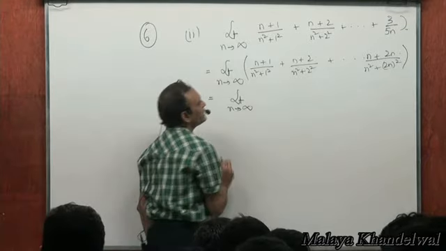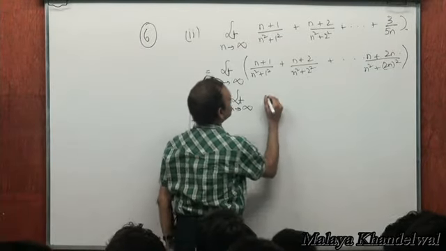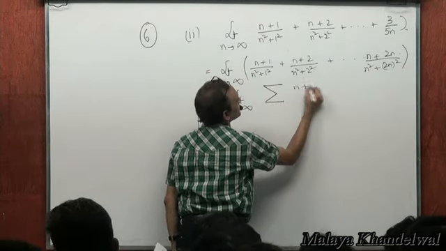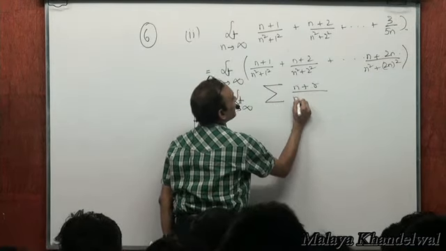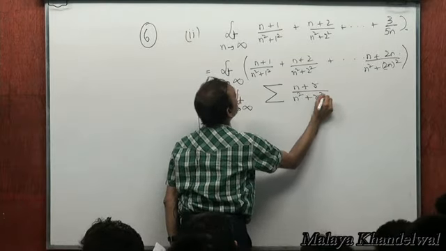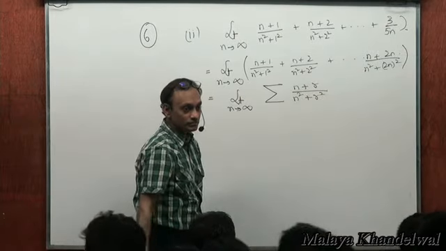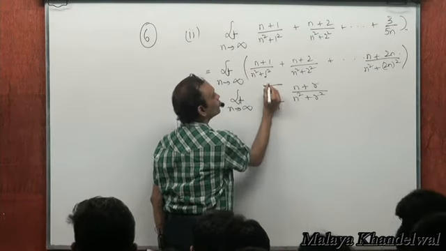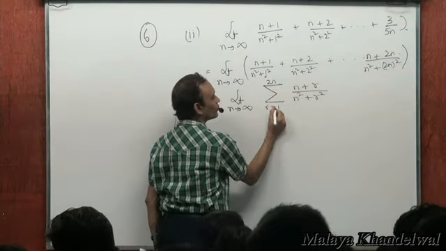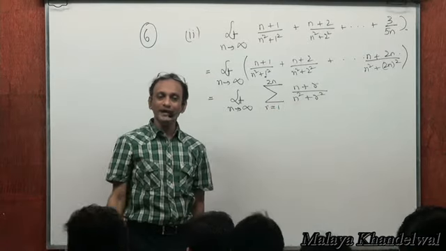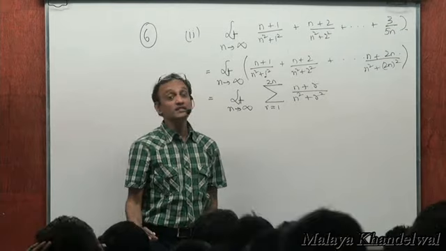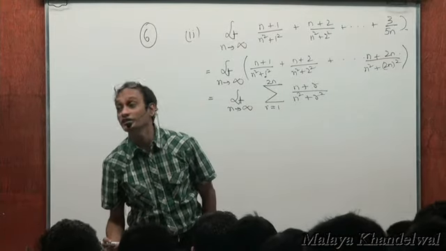So limit n tending to infinity, summation n plus r by n squared plus r squared, where r runs from 1 to 2n, yes or no? Let me see if it will fall in the category discussed.